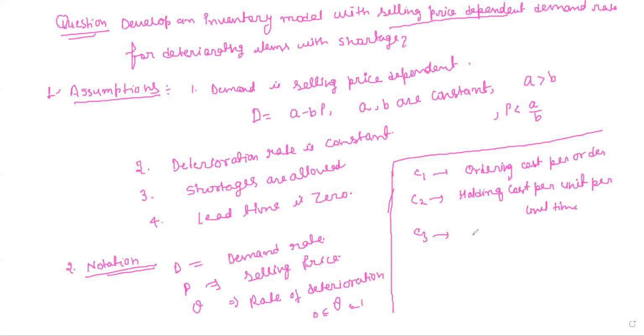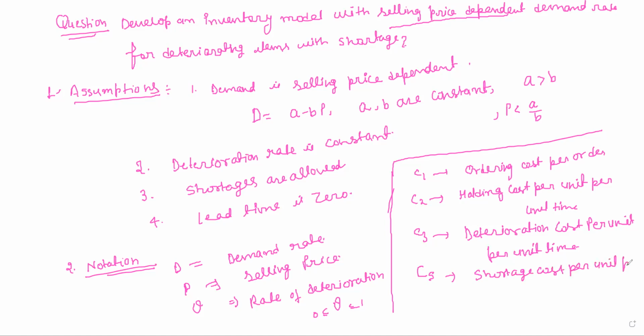C3, this is the deterioration cost per unit time. And there is one more cost regarding shortage, so we can say CS. This is the shortage cost per unit time.